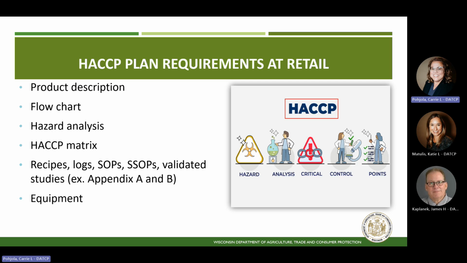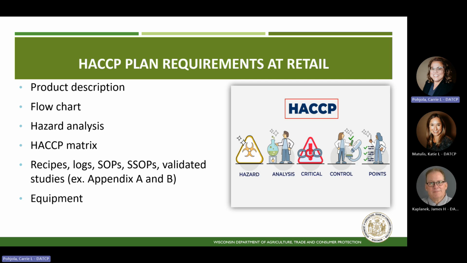We're going to want a flow chart to include all the steps in the process from receiving to sale, with critical control points in the flow chart identified. Next is the hazard analysis, taking each step of the process and determining physical, chemical, and biological hazards.